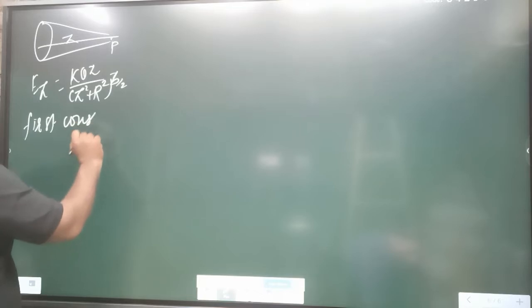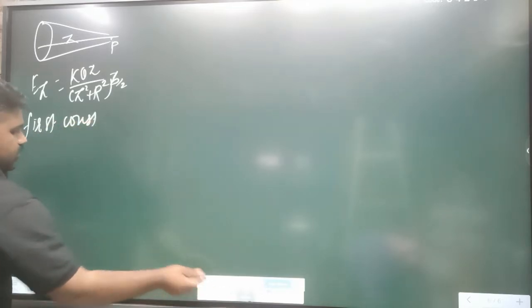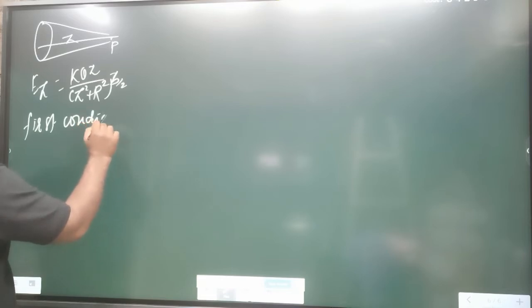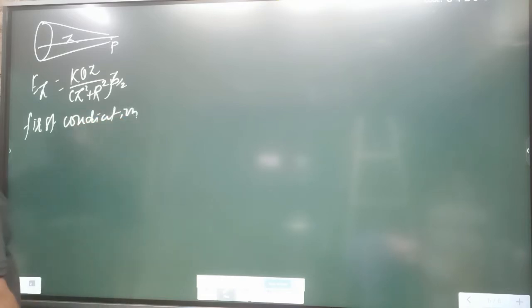First condition, suppose we take z tends to infinity, z is very, very large. And the second condition, z tends to 0.